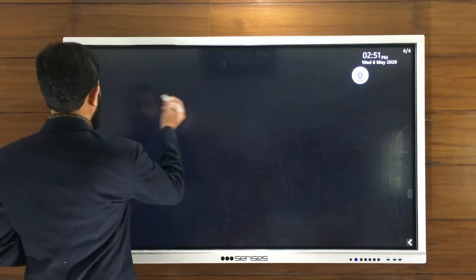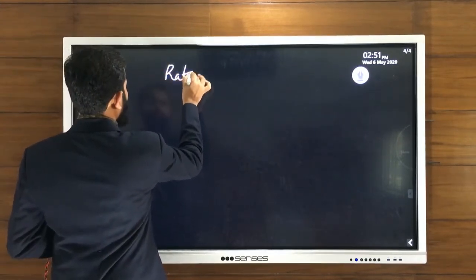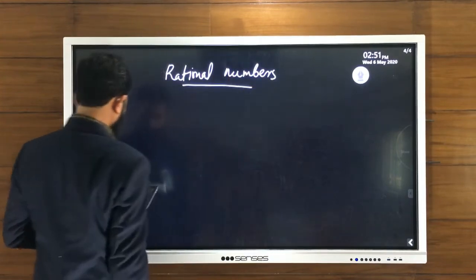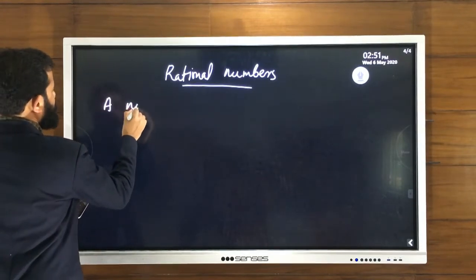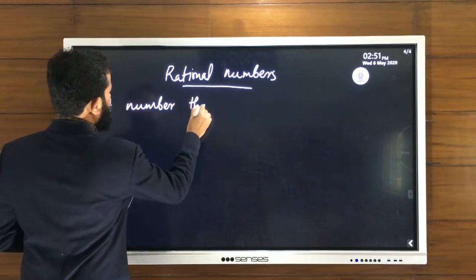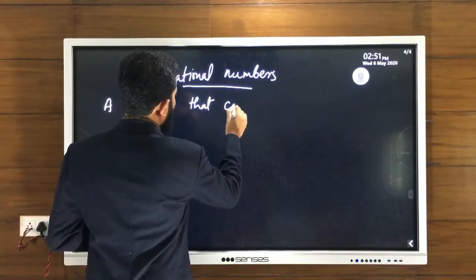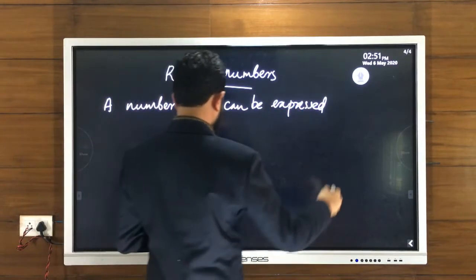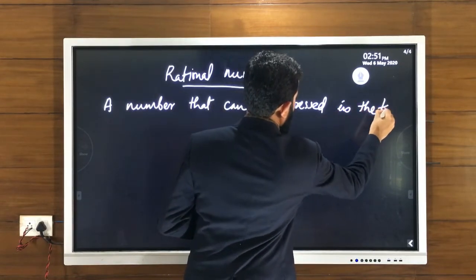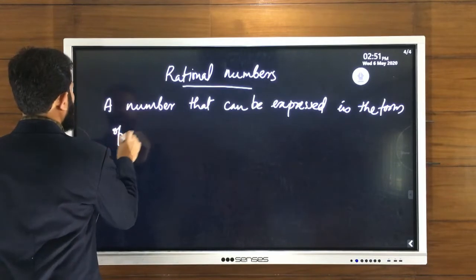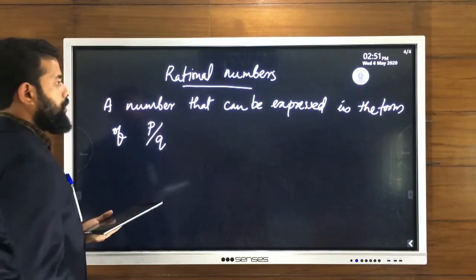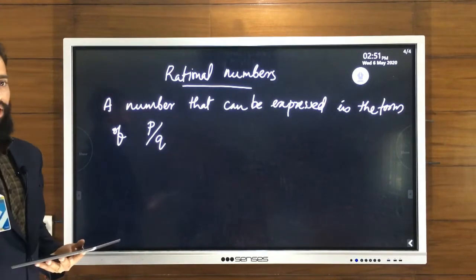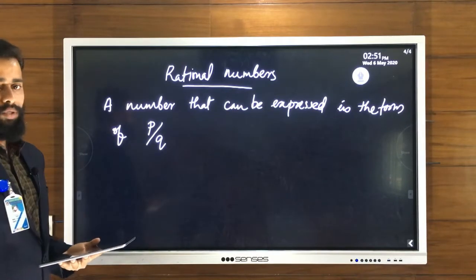So, we can write rational numbers: a number that can be expressed in the form of P divided by Q. And an additional point that you have to remember, where P and Q are integers and Q not equal to 0.